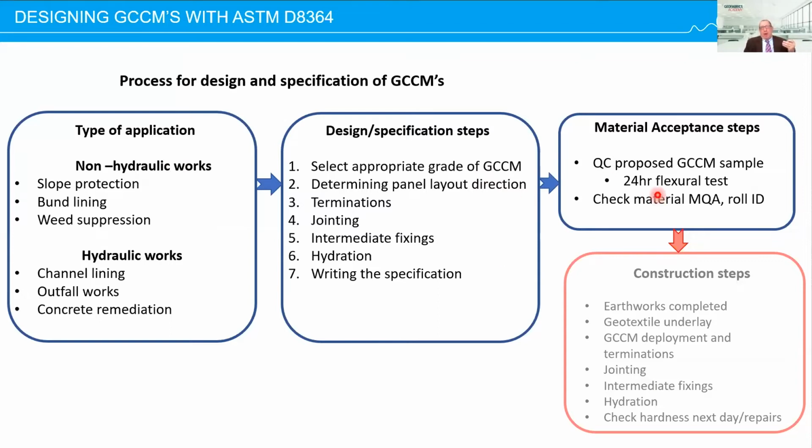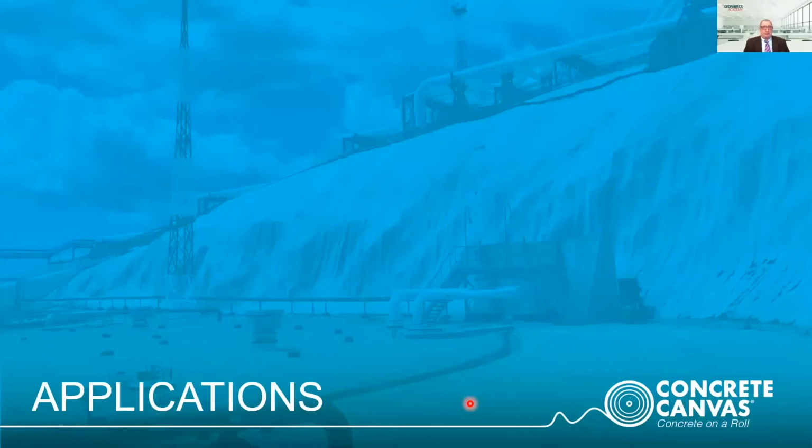Then we'll look at the material acceptance steps, so what QA is included in your specification. I do have a webinar on construction steps, more for contractors or anyone interested in the installation, but we won't go through that in this webinar.